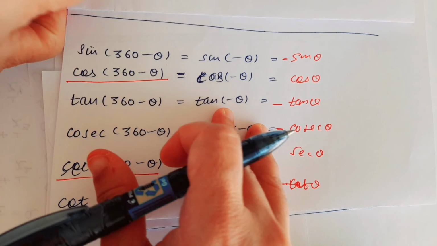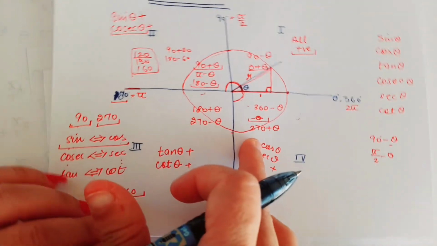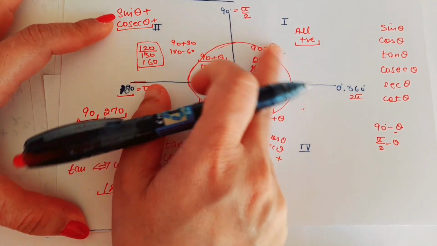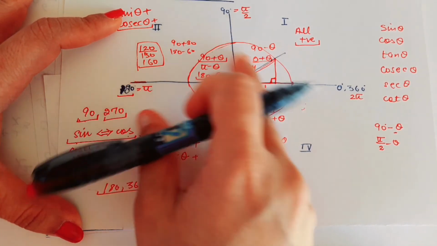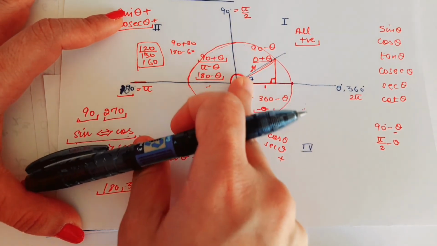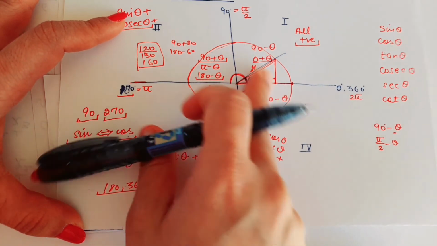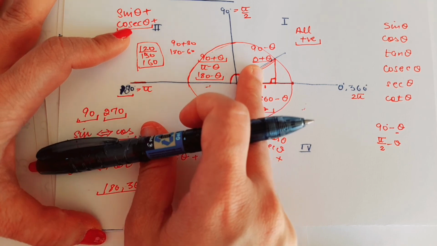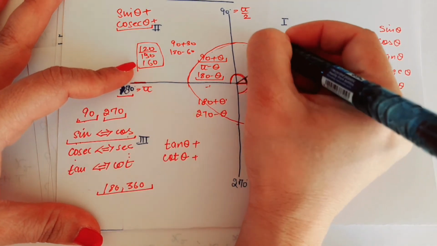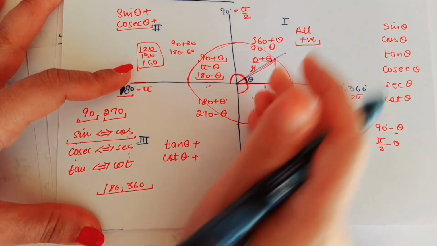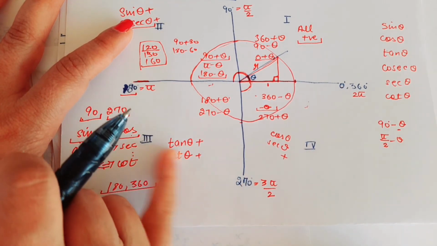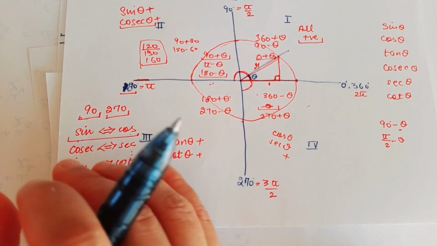If you know quadrants properly, what is the angle and where are we? When we are in the first quadrant, what is the angle? 90 minus theta and 0 plus theta, and 360 plus theta is also the first quadrant. When are we in the second, third or fourth? I hope you got these values.